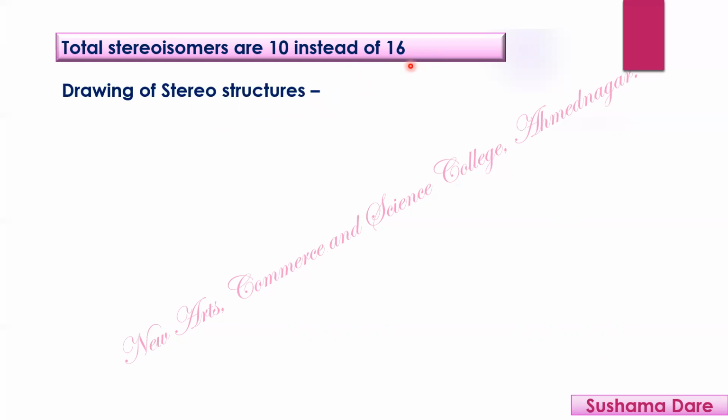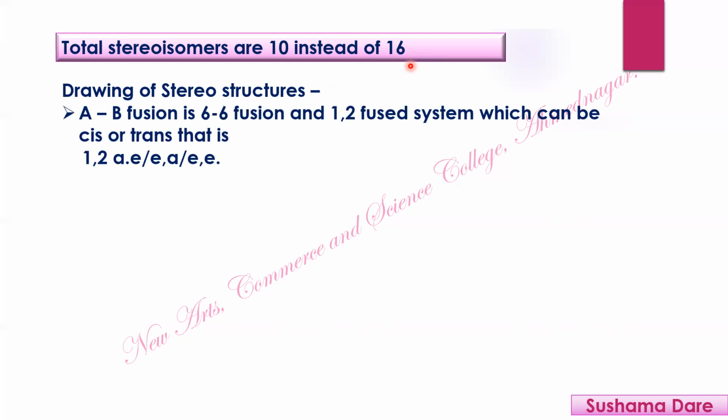For drawing of stereo structures, there are a few things we have to remember. The AB fusion is a 6-6 fusion. It is a 1-2 fused system, which can be either cis or trans, that is 1-2 AE, EA, or EE.